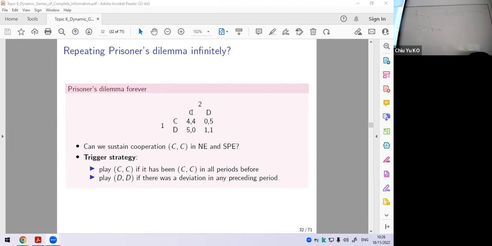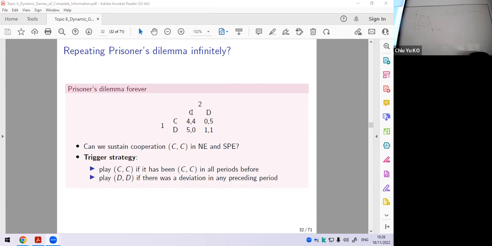What it's trying to say is, the dashed line is not included, right? So any payoff in this red zone can be supported as a subgame perfect equilibrium.